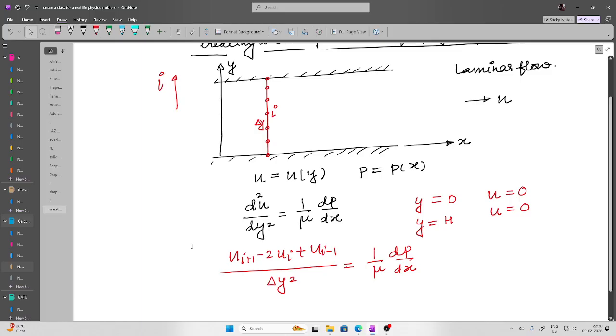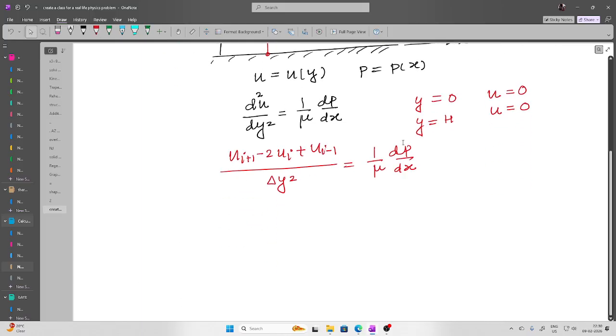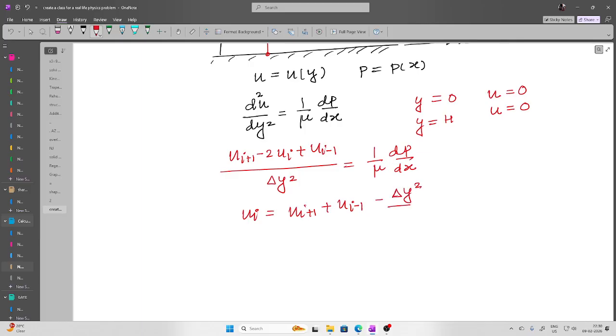Now if you solve this further, this delta y will go here, and ui then becomes ui plus 1 plus ui minus 1, and this will come to the left hand side, minus delta y square by mu dp by dx, and this whole will be divided by 2, so it is 1 by 2 of this term.